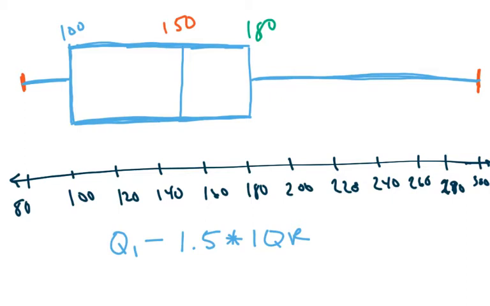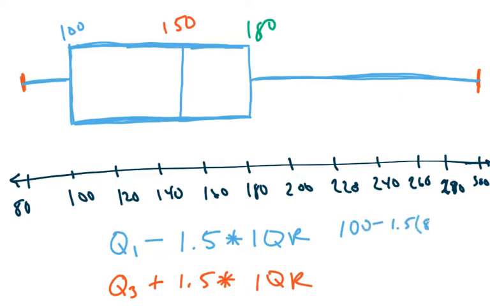For those outliers, we do Q3 plus 1.5 times the IQR. So our IQR was 80. To check for outliers in this problem, we would do 100 minus 1.5 times 80 and see if any of our values are less than that value.